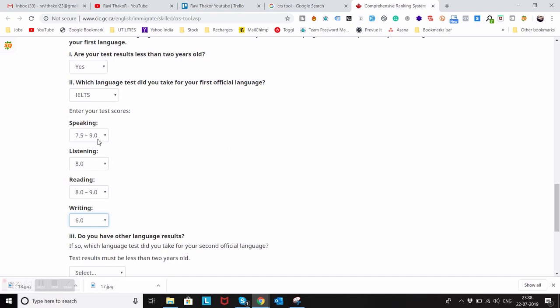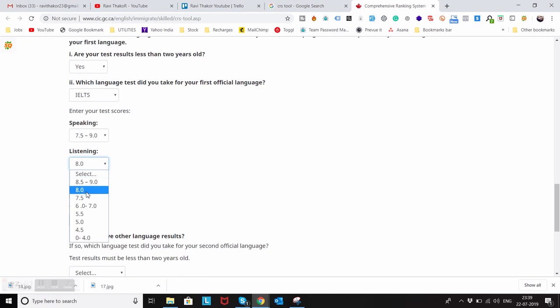Now one more thing, guys: if you open this drop down menu, it will give you a small idea on which section of the IELTS you need to work more on. For example, it doesn't matter if you get 7.5 or 9.0 in speaking. For both you are going to get the same points when you apply for PR. Similarly for listening, it doesn't matter if you get 8.5 or 9.